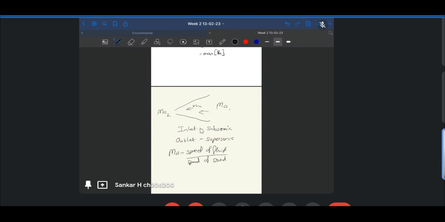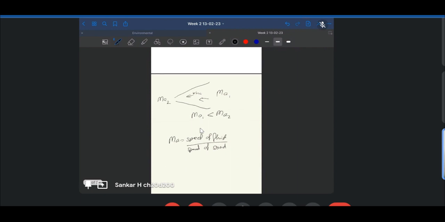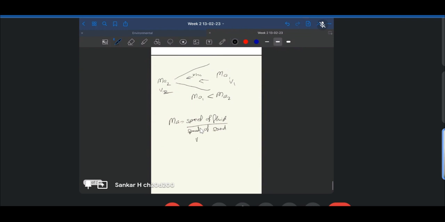I don't think what you are saying makes sense to me, because according to what I've understood, the Mach number at one should be less than the Mach number at two, since this is a converging nozzle section. The speed of fluid at point one, V1, should be less than V2.